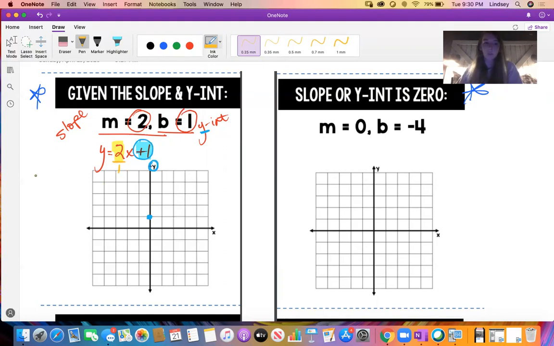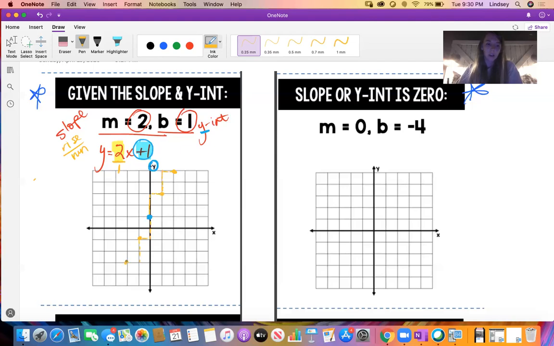Slope is the rise and the run of the graph. So my graph is going to rise up 2, and it's going to run 1. If we wanted to go the opposite way, it's going to go down 2 and to the right 1. You can see how it still continues in the direction of that line.